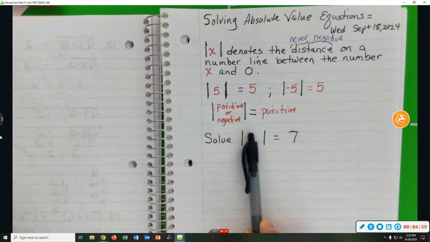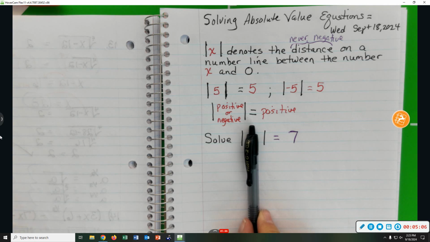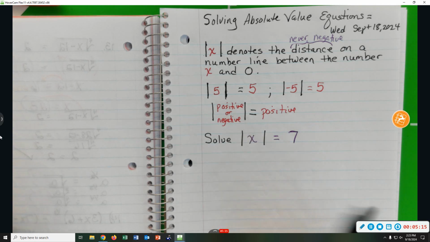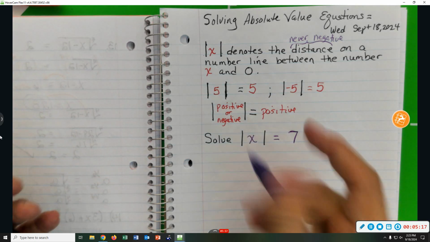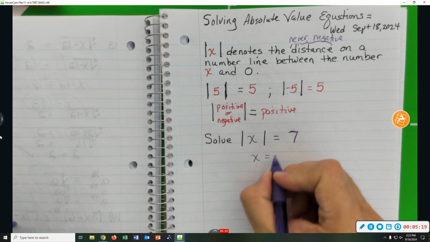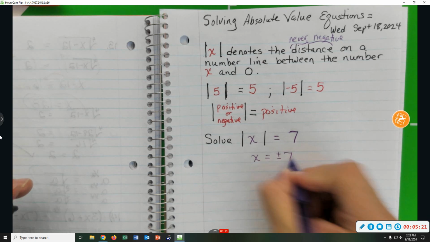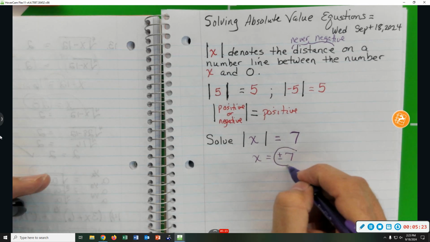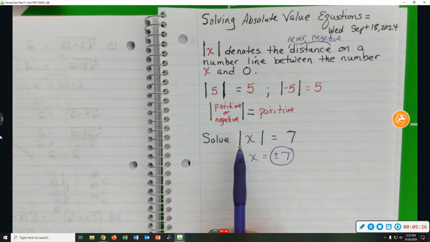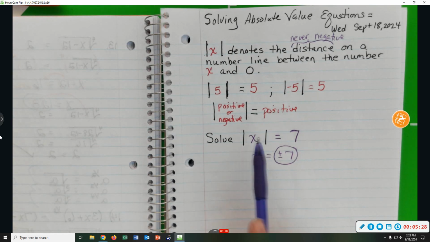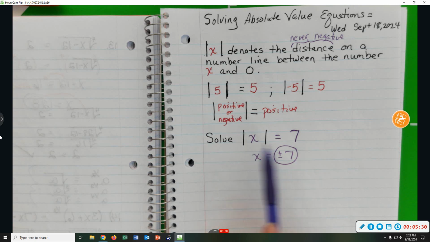If I covered up that x, could you tell me the only two numbers that could be inside those bars? What are the only two numbers that have absolute value equal to 7? Negative 7 and 7. So x is equal to positive or negative 7. The absolute value of 7 is 7. The absolute value of negative 7 is 7.